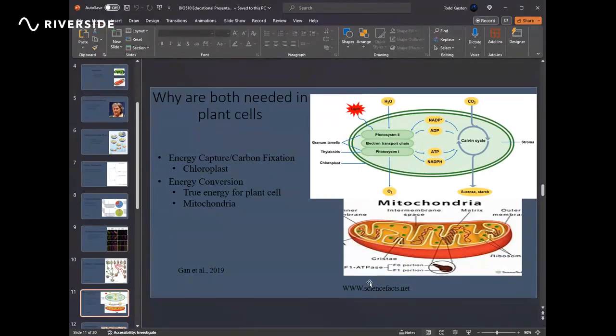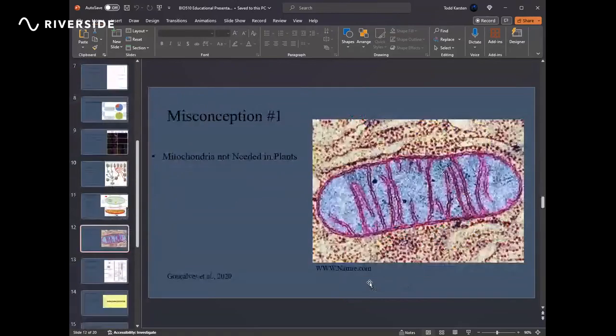Having gone over the background of development, why they're needed, and origins, let's talk about the misconceptions that are out there. Misconception number 1: the mitochondria is not needed in plants. The idea behind this misconception is that a chloroplast converts energy and thus powers the plant with light energy.